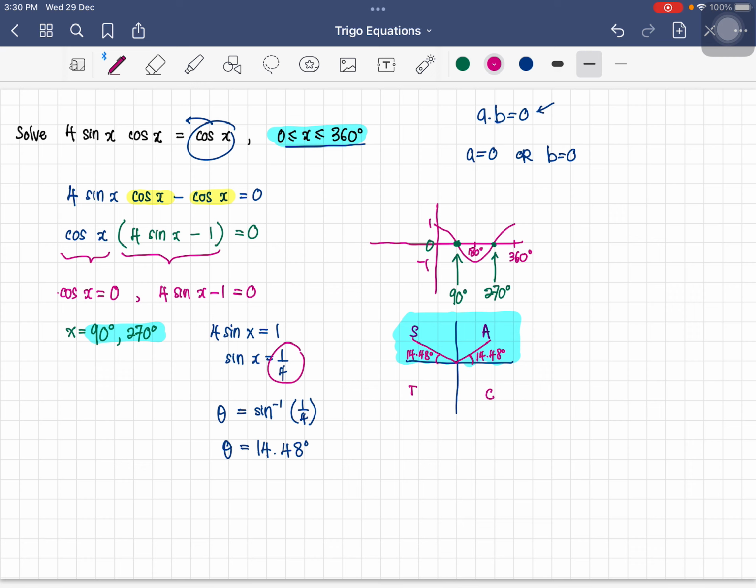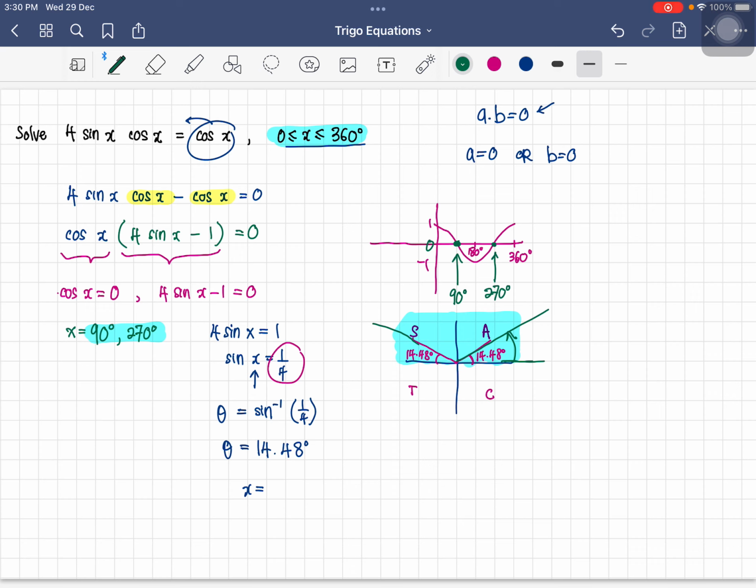For the answer of x in this case, you should start from the first quadrant, so this is my first solution for the value of x. You'll see the pattern later.